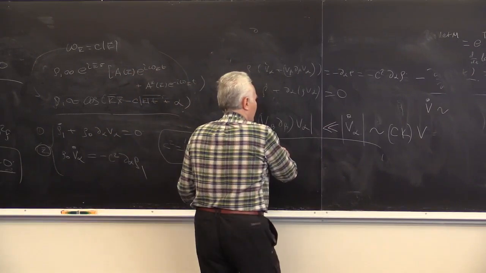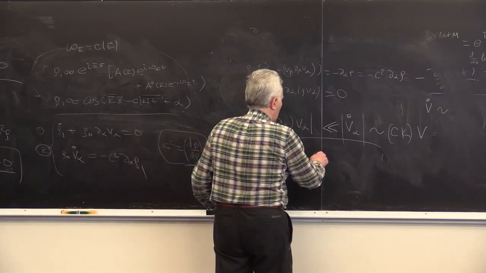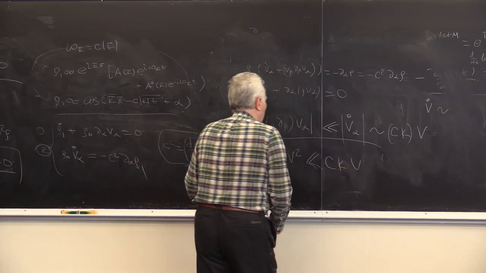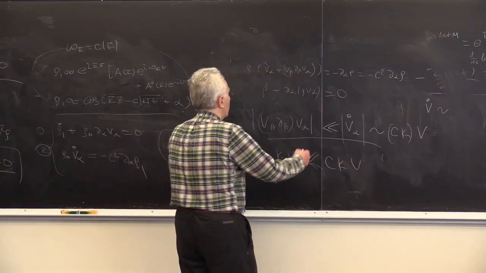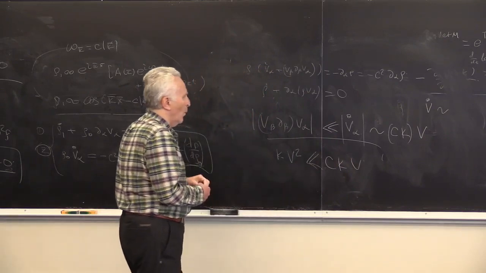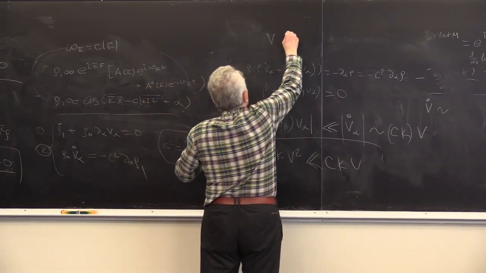Yes. So k v squared must be much smaller than ckv. And as you see, the condition of linear approximation is very simple.